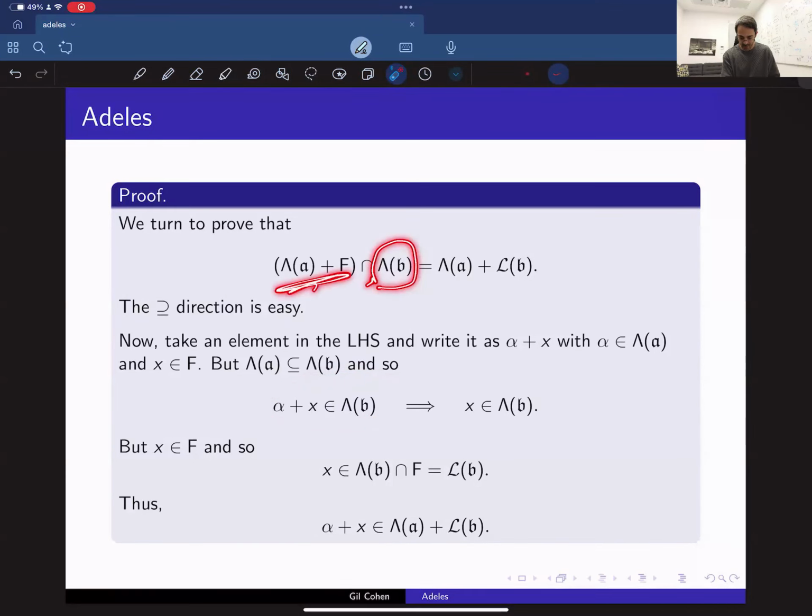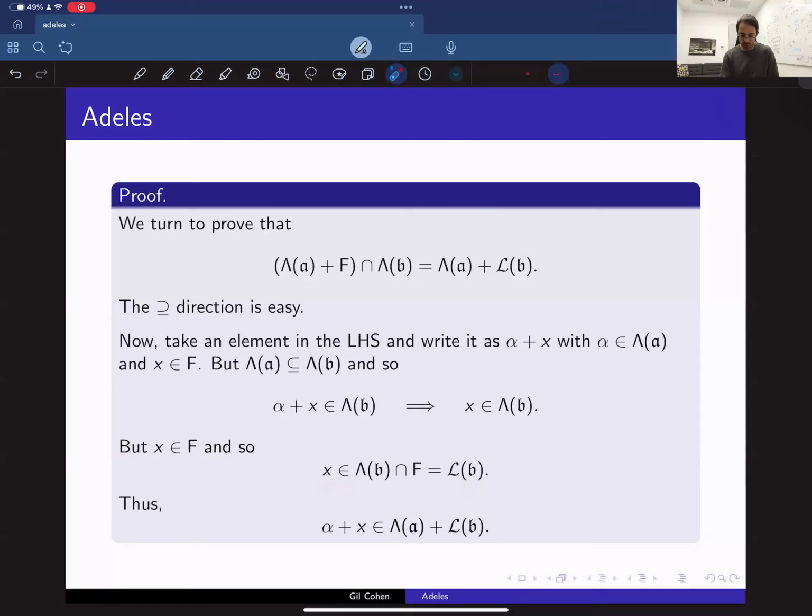Because alpha is in the lambda space of A, and therefore in the lambda space of B, it implies that x is in the lambda space of B as the difference. Alpha plus x is there, and alpha is there, so the difference between them, x, is also there. But x is a function, it's not just an adele sitting somewhere. So x is in lambda B and in F, which, by the previous claim that we never quite proved, means it's in the Riemann-Roch space of B. So x is in the Riemann-Roch space of B.